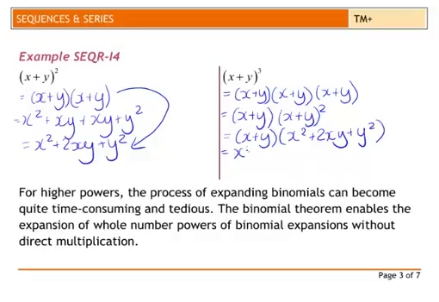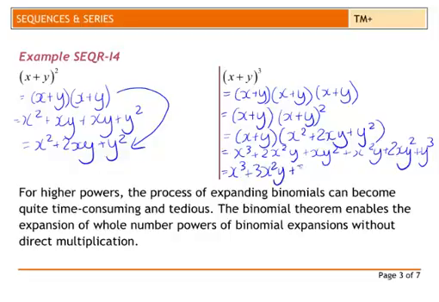So that becomes x cubed plus 2x squared y plus xy squared plus x squared y plus 2xy squared plus y cubed. That then becomes x cubed plus 3x squared y plus 3xy squared plus y cubed. So we're just collecting like terms.